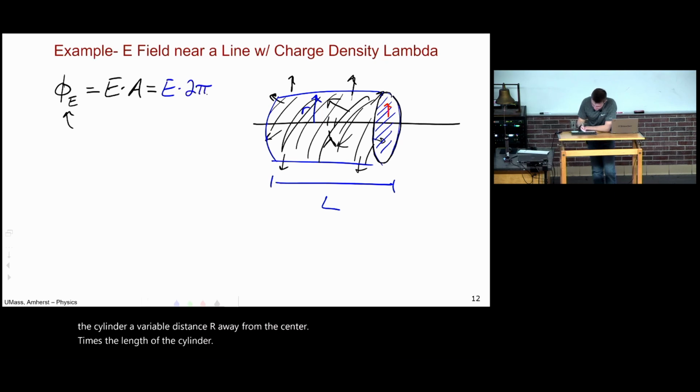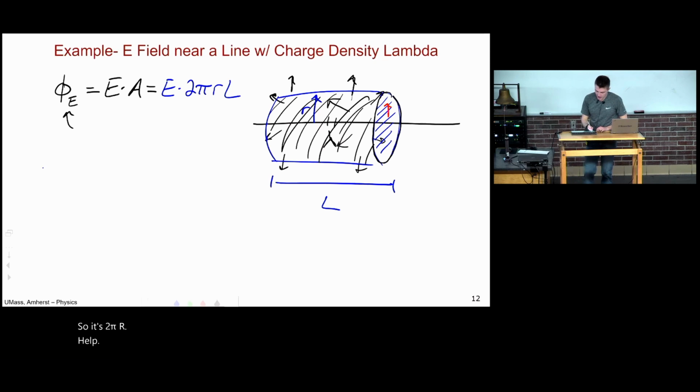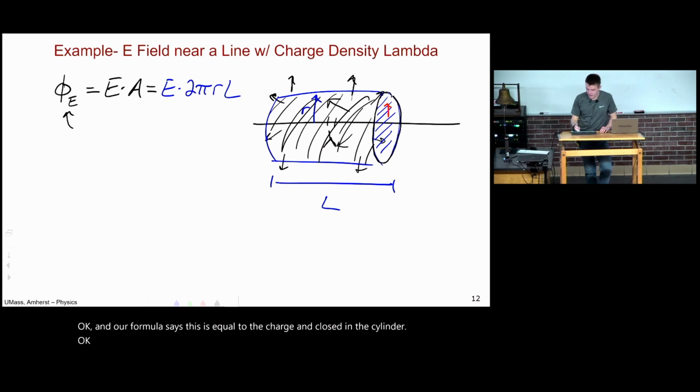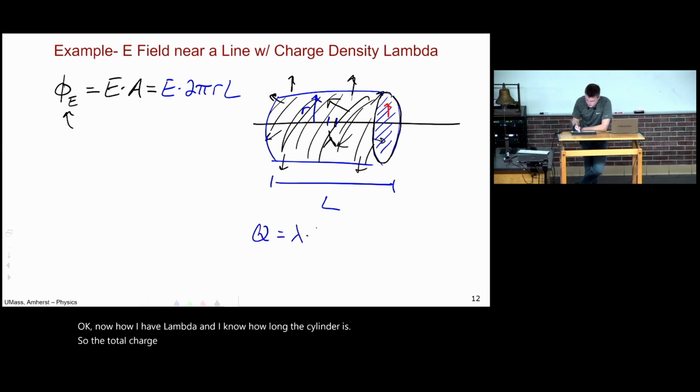So it's 2 pi r L. Okay, and our formula says this is equal to the charge enclosed in the cylinder. Now I have lambda, and I know how long the cylinder is. So the total charge enclosed, you can just use this formula, Q equals lambda times L, to get charge enclosed.